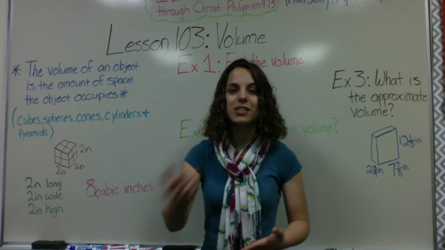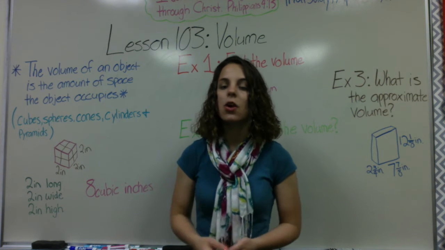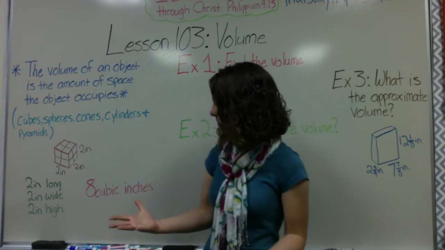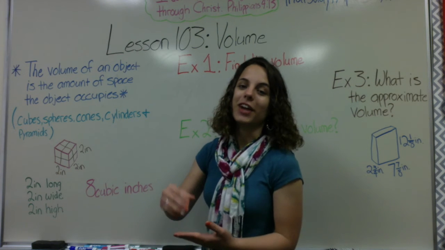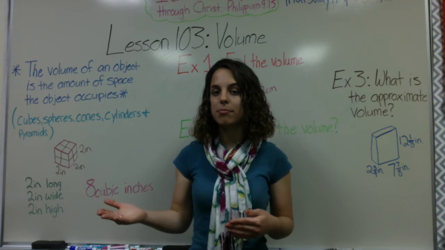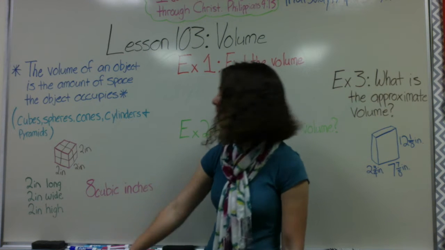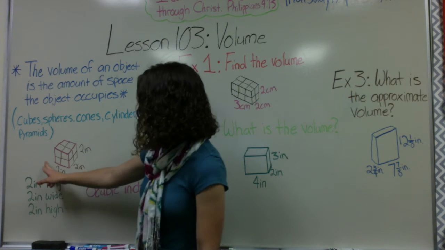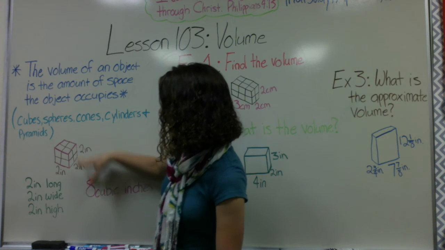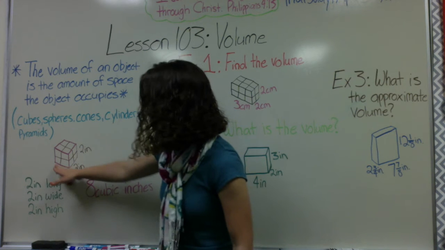So cubic inches, cubic centimeters, cubic yards, cubic feet, whatever it ends up being, it's going to be in cubic units, or you can write that with a third power. Whenever you have a third power of something, it ends up being a cubic unit, or it's going to be cubed. So I have 2 inches long, 2 inches wide, and 2 inches high in this cube. Those are my dimensions.